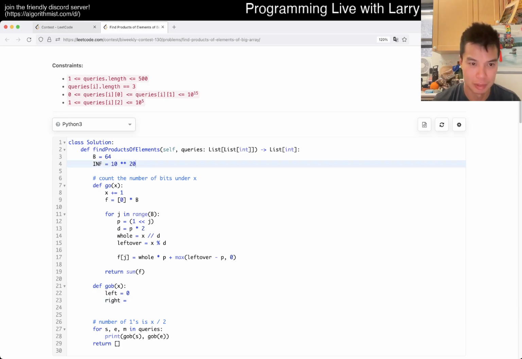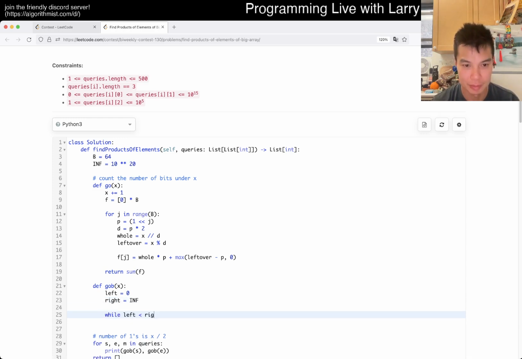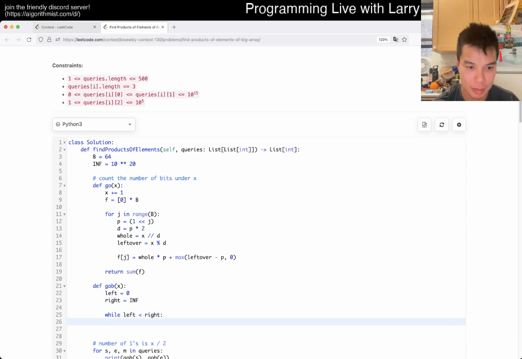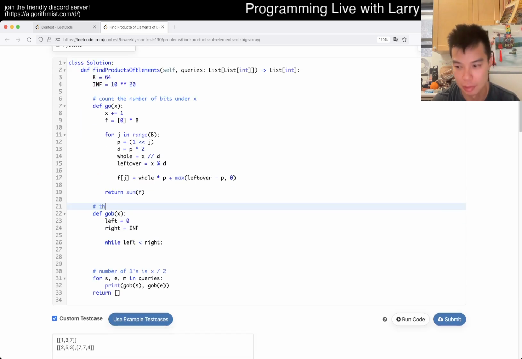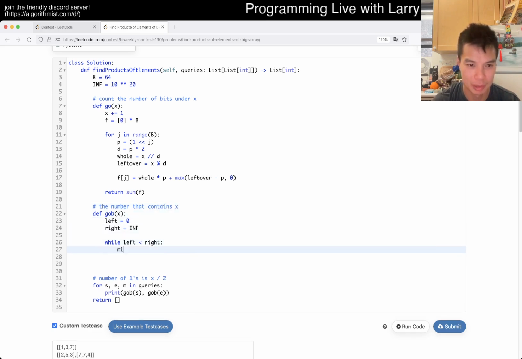Let's do my... okay. Just keep it the same. Why not? What would I want this exactly to be? The number that contains X. Okay, this is terrible writing, but okay, fine.